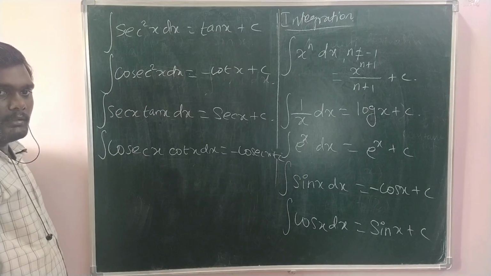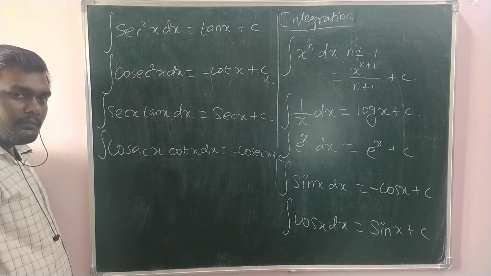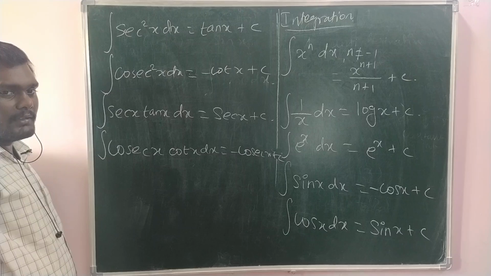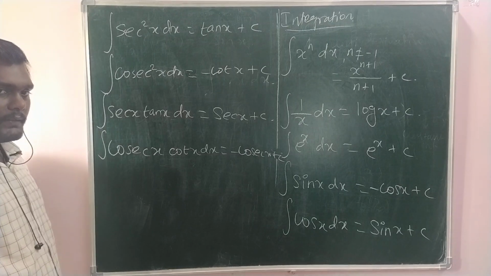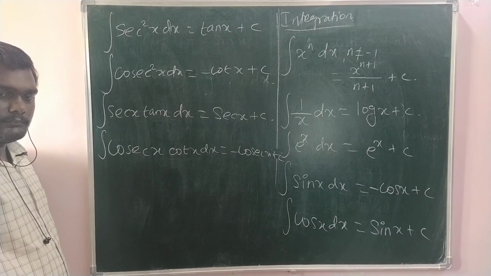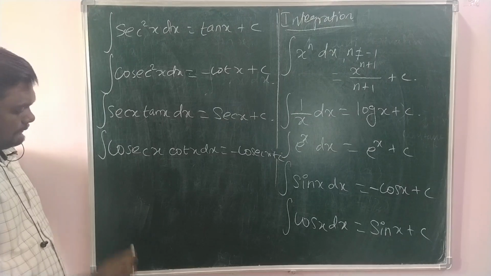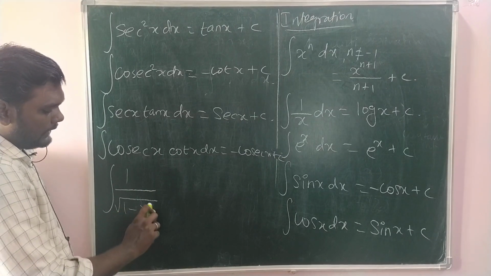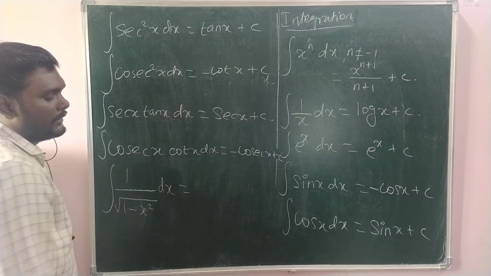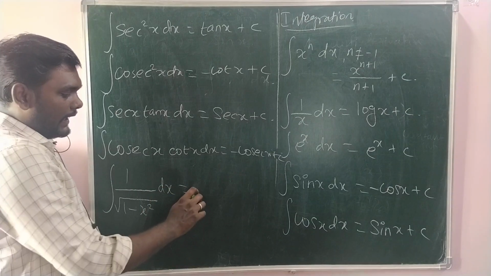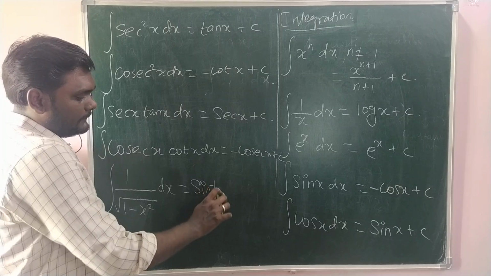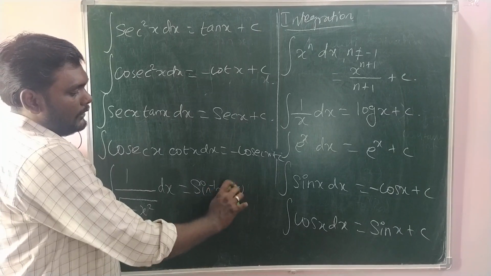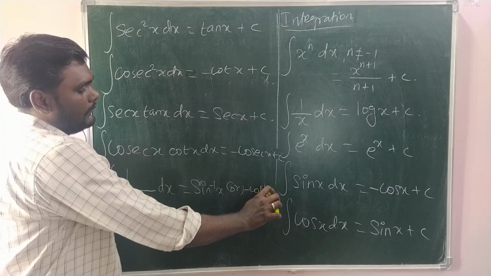Okay. The same way, we have studied formulas for the derivative of sin inverse of x, cos inverse of x, tan inverse of x and all, right? Then integral of 1 by root of 1 minus x square dx is equal to either sin inverse of x or minus cos inverse of x.